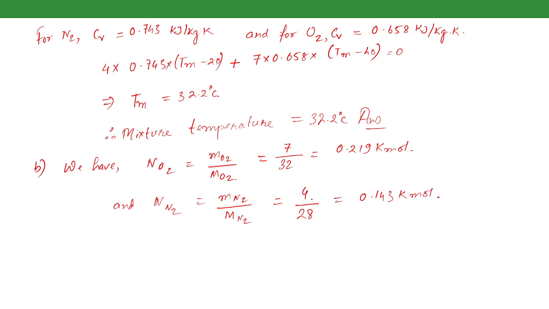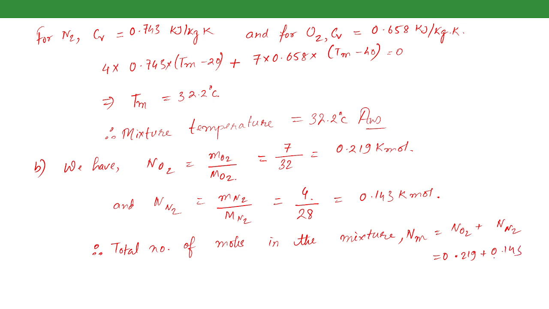Now, the total number of moles in the mixture, Nm, is the number of moles of oxygen plus the number of moles of nitrogen, that is 0.219 plus 0.143, that is 0.362 kilomole.